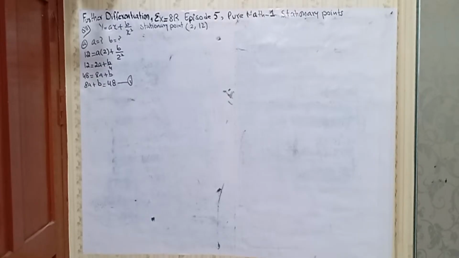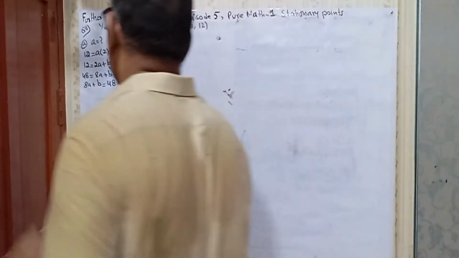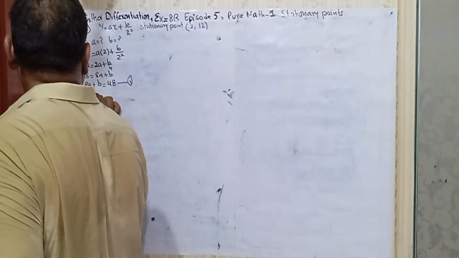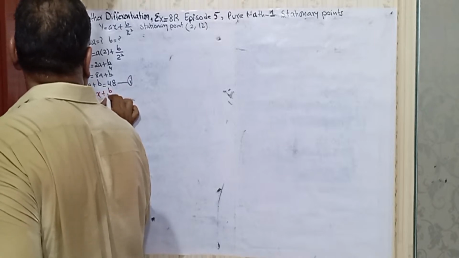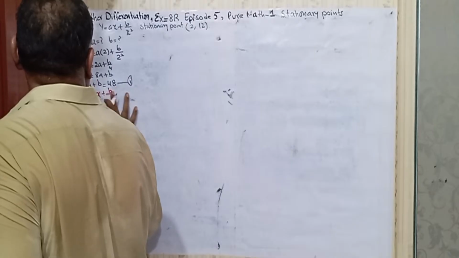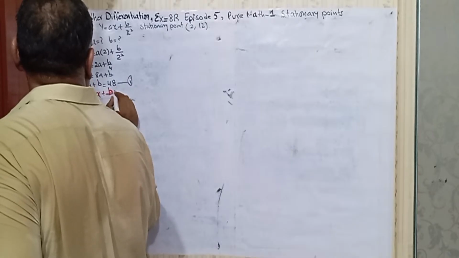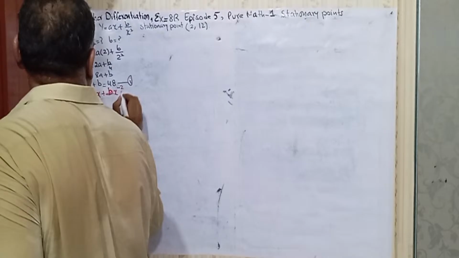Then I will find the derivative, because I know the stationary point. I know that y equals (ax plus b) divided by x squared, so bring the x upstairs: y equals ax plus b times x raised to the power minus 2.